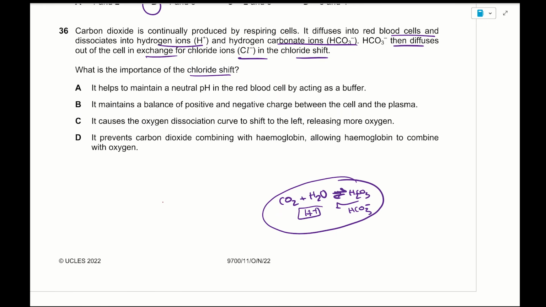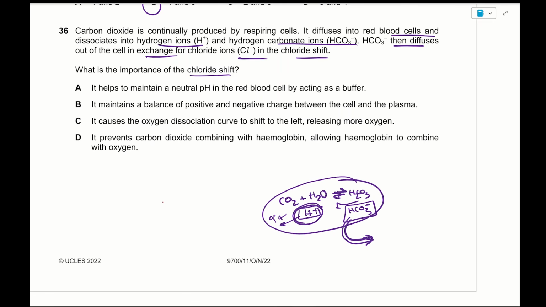Now, hydrogen ions are impermeable. They cannot leave the red blood cell. The hydrogen carbonate ions are able to leave and enter the blood plasma. But we mentioned that hydrogen carbonate ions are negatively charged. Therefore, what would happen if we just left the hydrogen carbonate ions to leave the red blood cell? What would happen is the positive charges would accumulate.